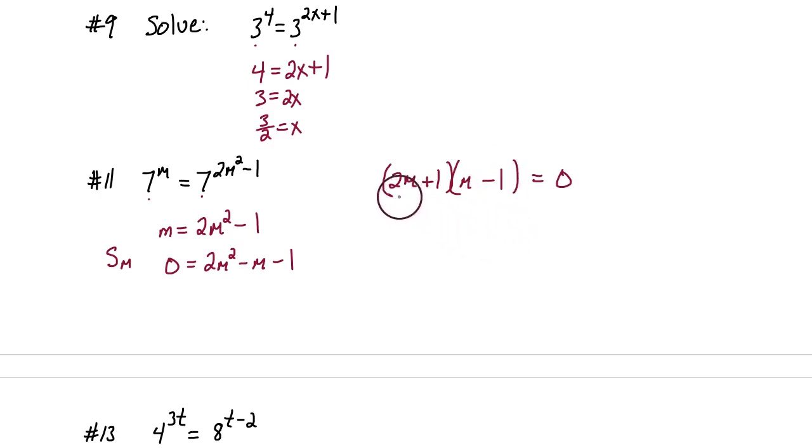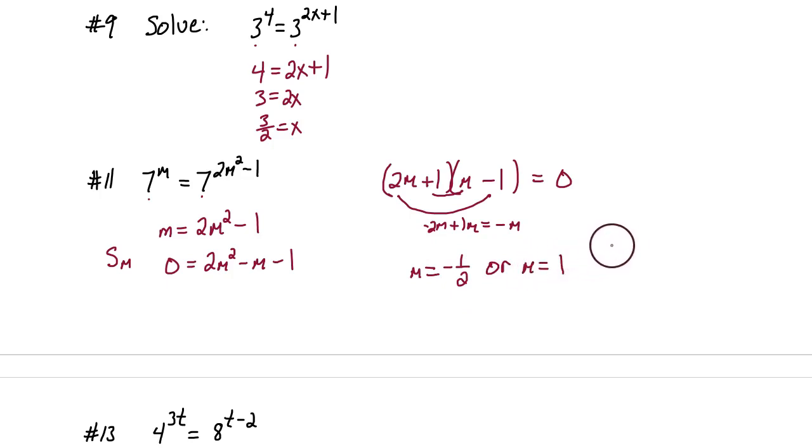The reason is that the outer product is negative 2m, and the inner product is positive 1m, and those combine together to negative m. That's what the middle term is. So from the first set of parentheses, we get negative 1/2, and in the other parentheses, we get positive 1.